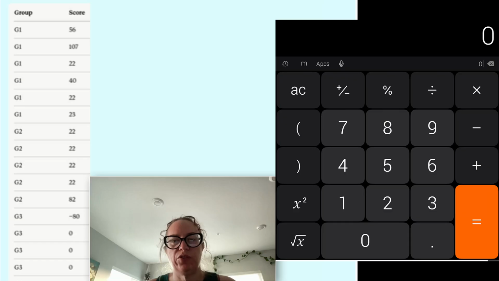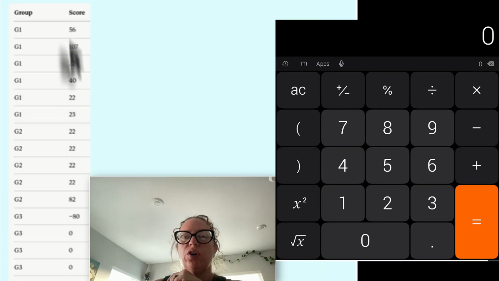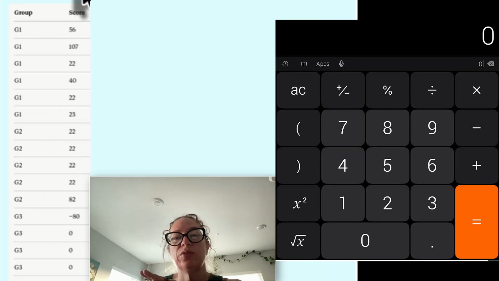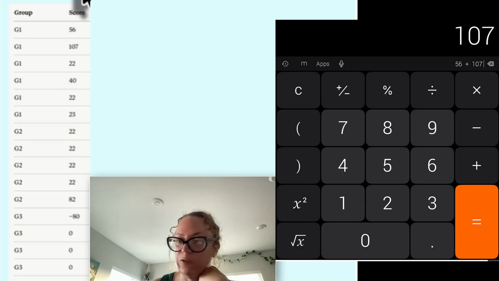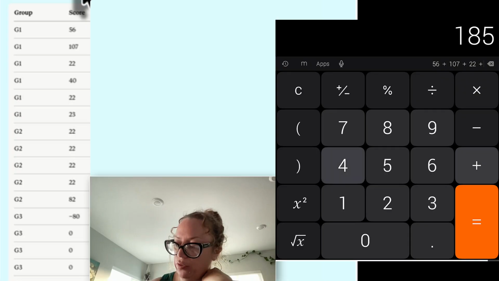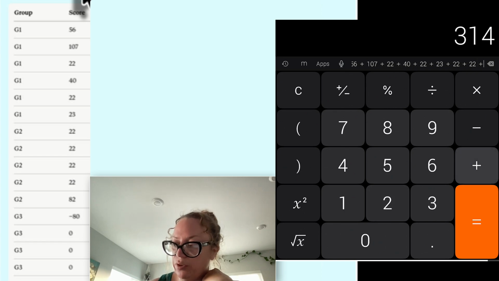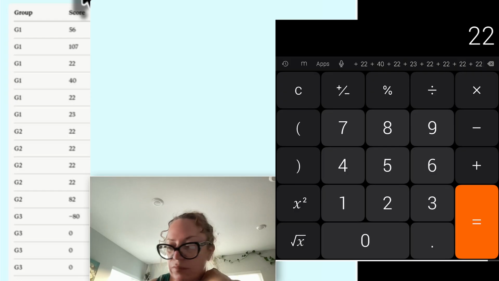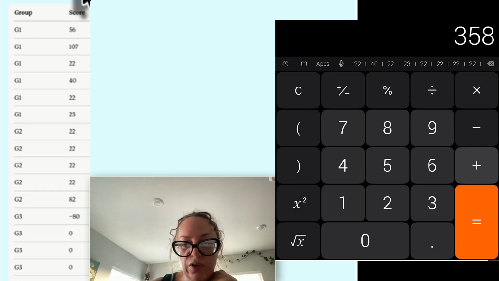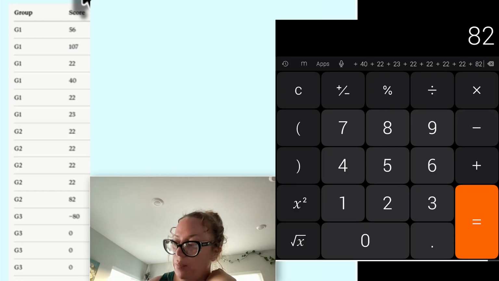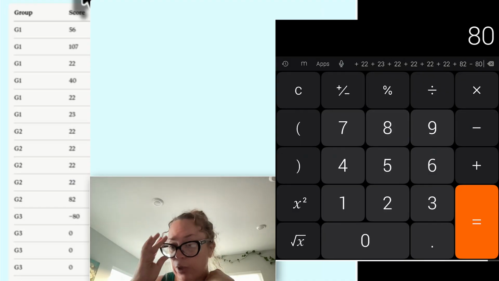So let me do that. We have our scores, which is the amount of money in thousands that was paid. So we have 56,000 plus 107,000 plus 22 plus 40 plus 22 plus 23 plus 22 plus 22 plus 22 plus 22 plus 82 minus 80, because we got paid back with Decatur, and plus nothing else because it's all zeros, okay?